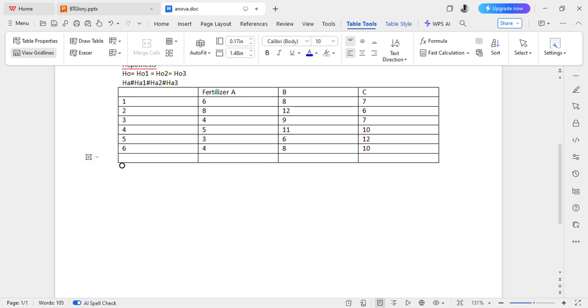So that is it. So can we get the mean? For us to get the mean, we get the totals.